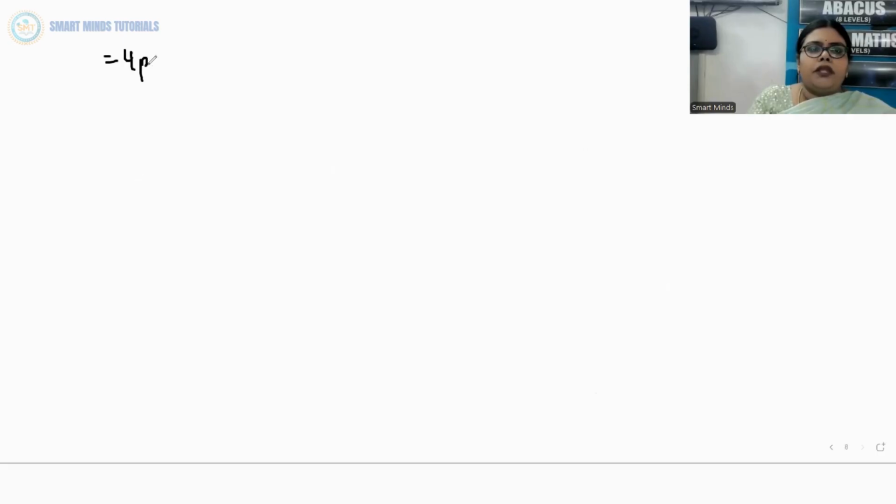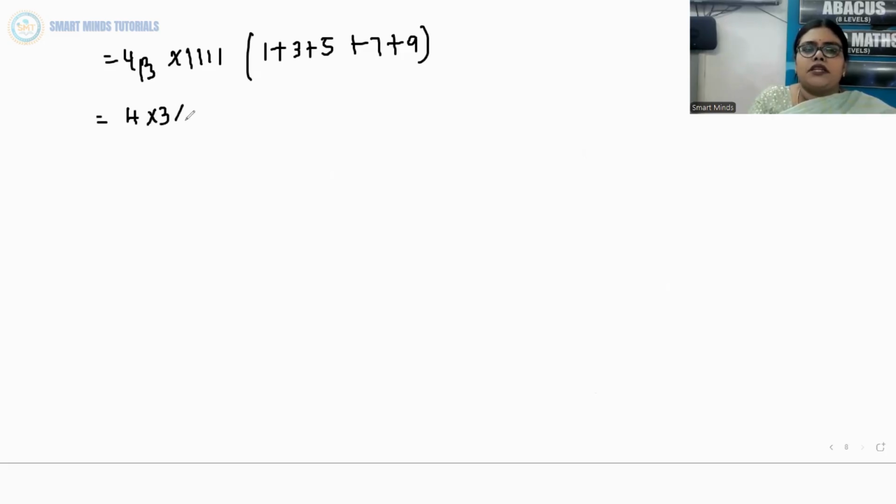If I take 4P3 into 1111 common, we will get 1 plus 3 plus 5 plus 7 plus 9. Now what is 4P3? Start from 4, reduce 3 times, into 1111 into what if I add these numbers? It is 25. 4 into 3 into 2 is 24. 24 into 1111 into 25. So if you multiply these three numbers, you will get 6,66,600.